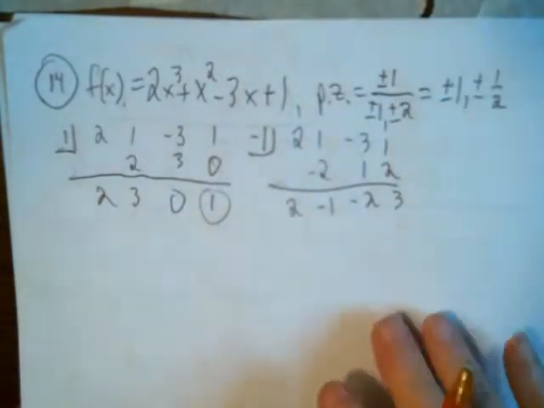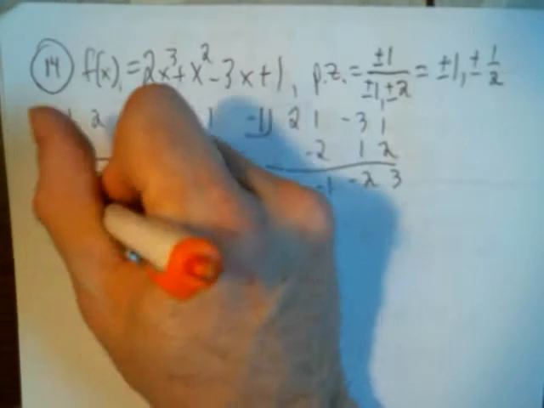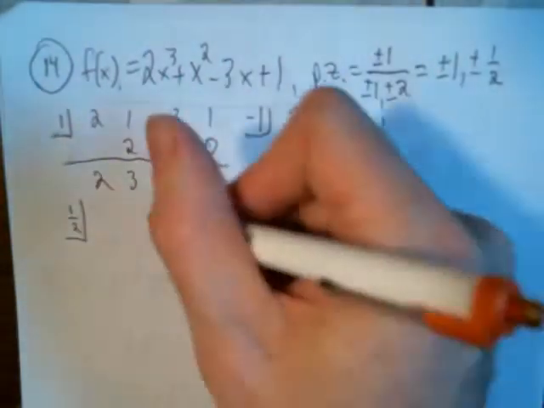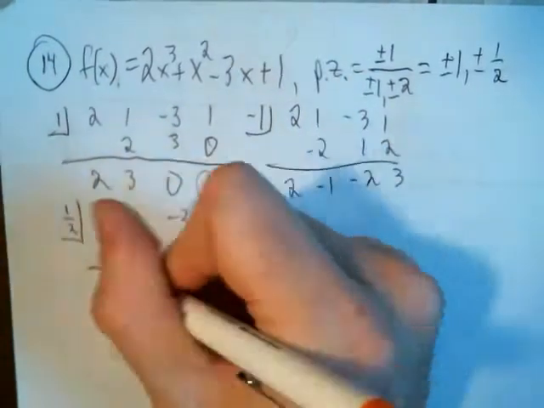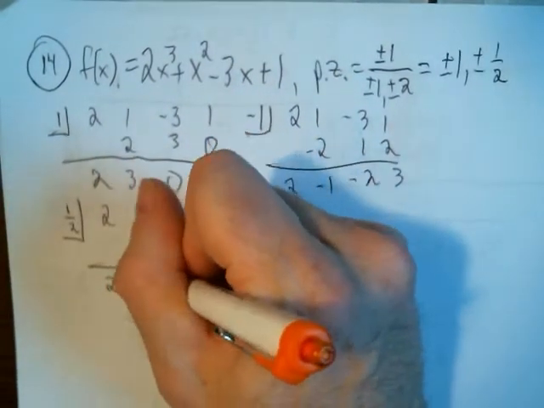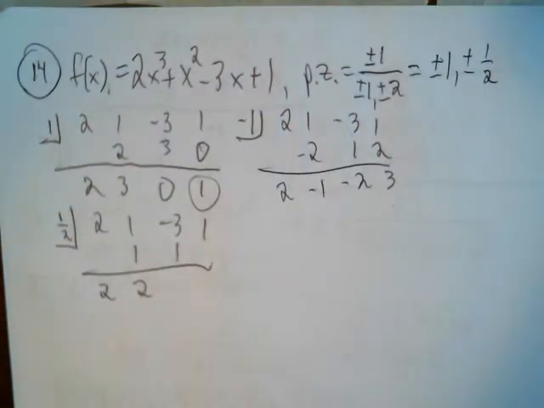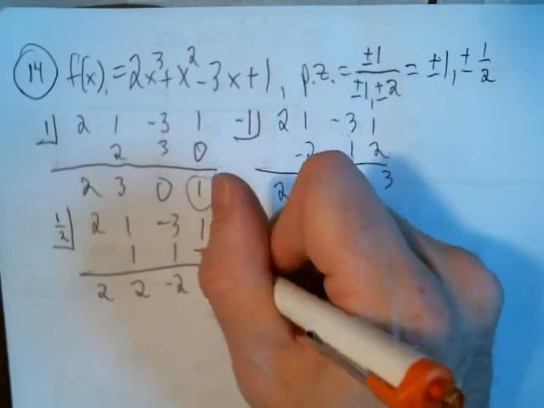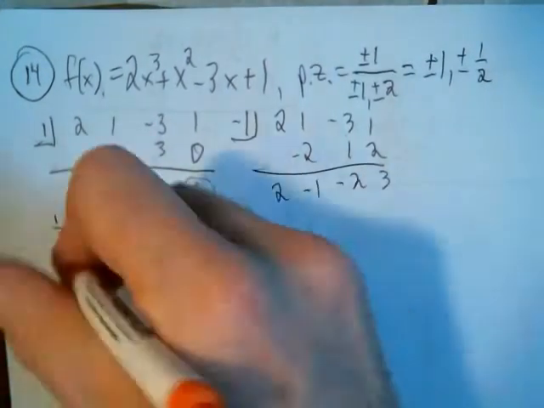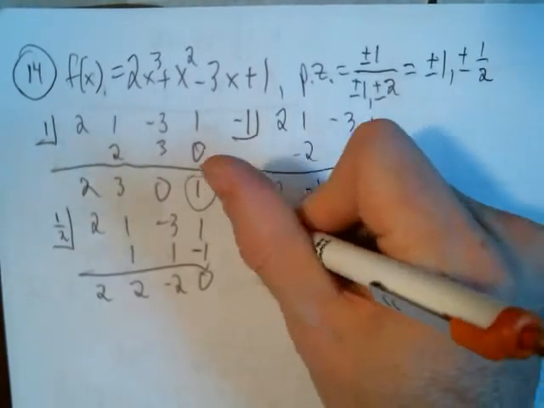No, that doesn't work. Okay, so we have to go to the fraction. Let's try 1/2. Bring down the 2, you get 1, you get 1 again. And then it's -2, and then 1/2 times -2 is -1. So we got our first 0.